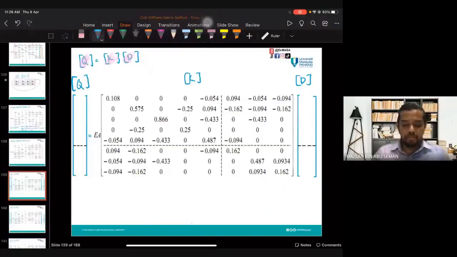Hopefully you understand what is P, what is U. So we know this line. Extend that into the D matrix and the Q matrix, and also this vertical line.